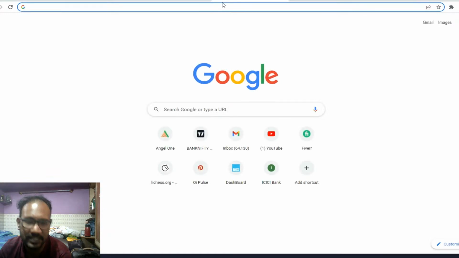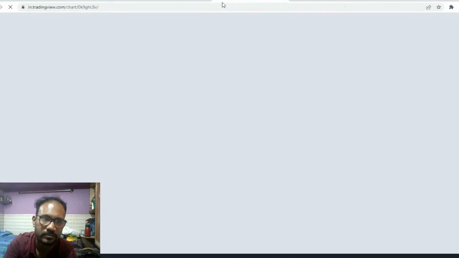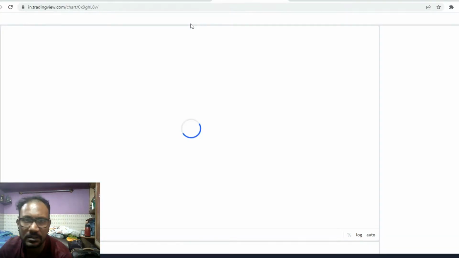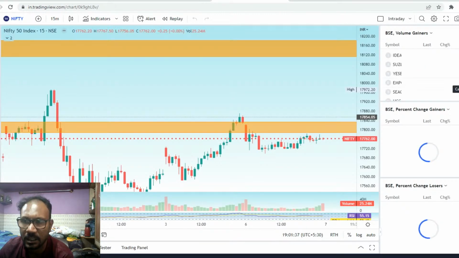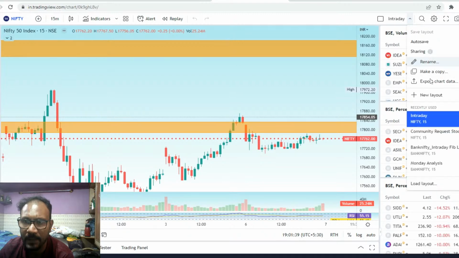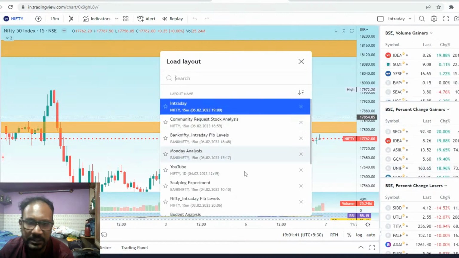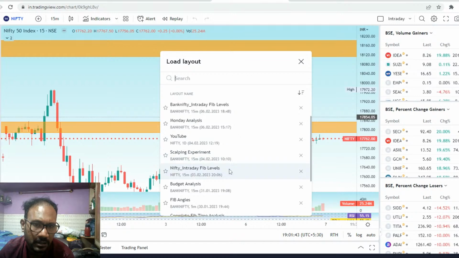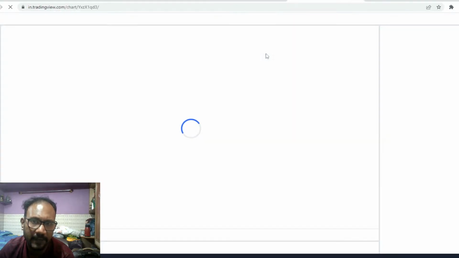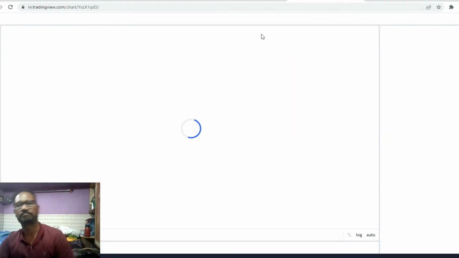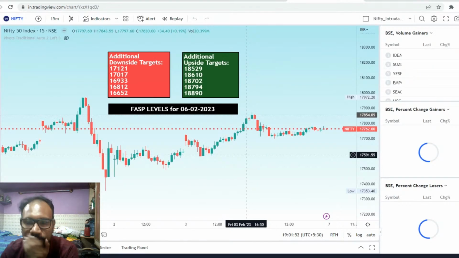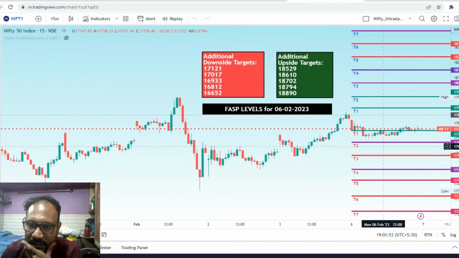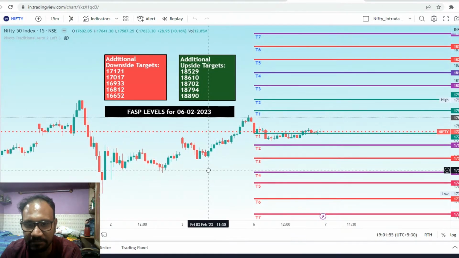So where is the other chart? Let me bring in Nifty. Yeah, Nifty levels have come. Now I don't need this. So the levels have come.